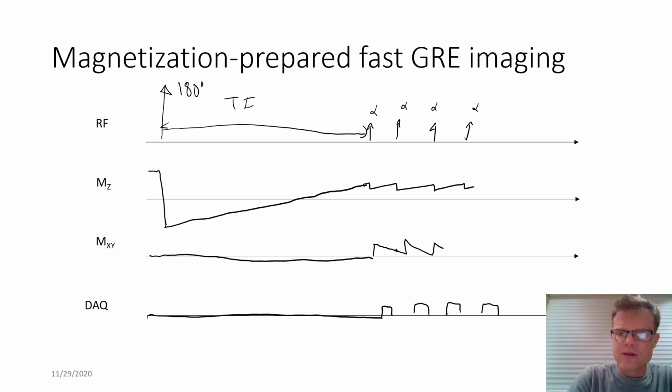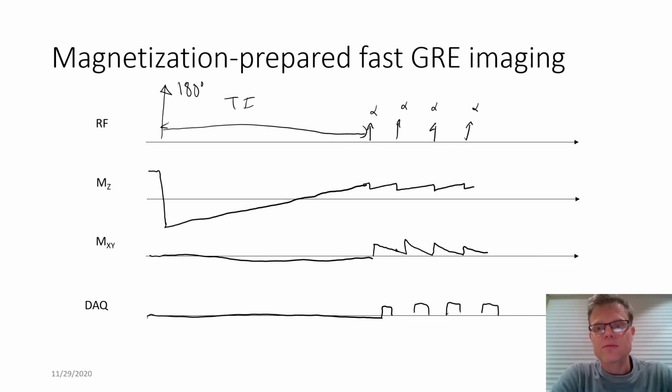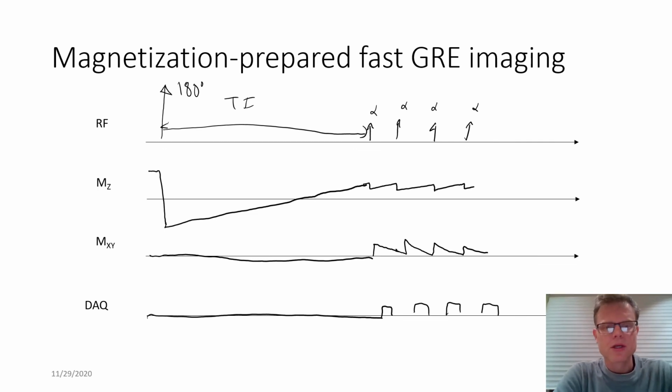I don't know if I can illustrate this very well, but because of what we discussed before about transitioning into the steady state in fast gradient echo and partial flip imaging, there's maybe no real steady state, but it turns out that doesn't matter too much. You can still get pretty high quality imaging with magnetization preparation and this train of smaller flip angle pulses.